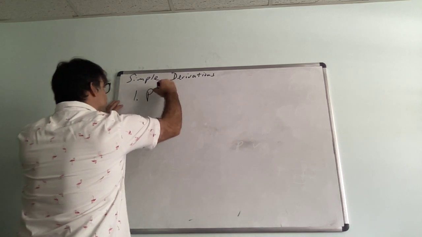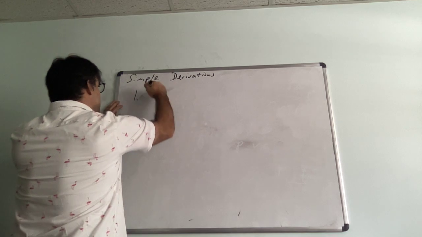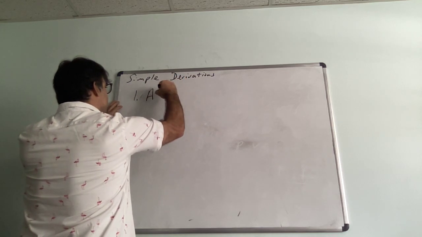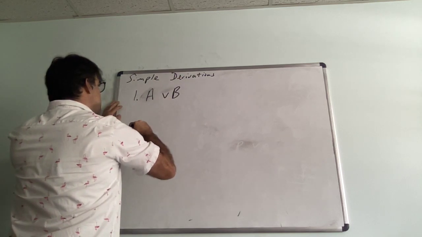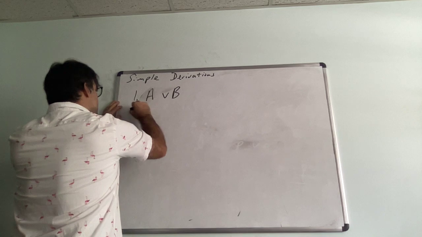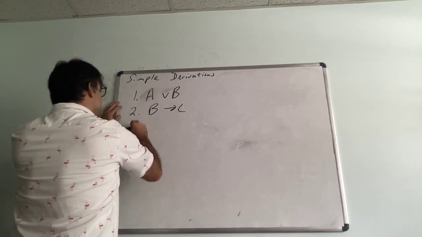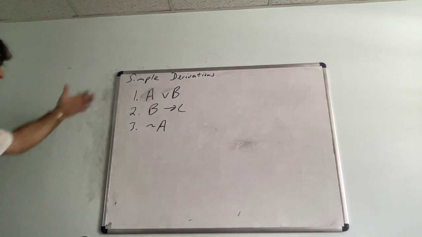Here's an argument. I'll use it with A's and B's to remember that P's and Q's can stand for anything. Either Ann or Bob is here. If Bob is here, then Carl is here. Ann's not here. Okay. You have 3 variables, right?